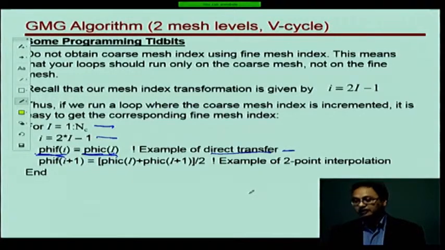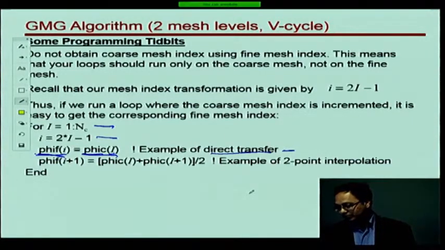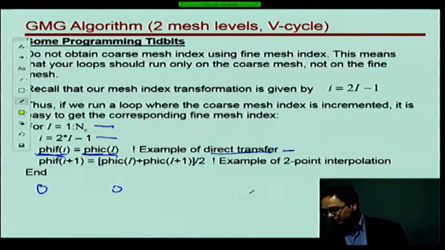If you think about it, here's my coarse mesh and fine mesh. I want to calculate the value here from these two values. This is my i, and this is my i plus 1 for the fine mesh, and i plus 2.